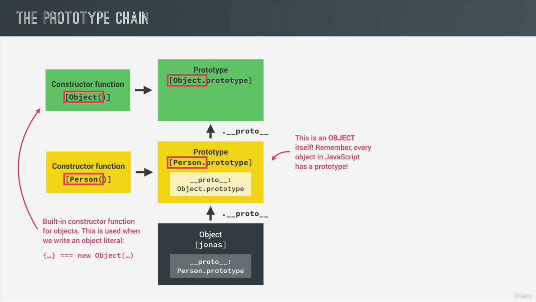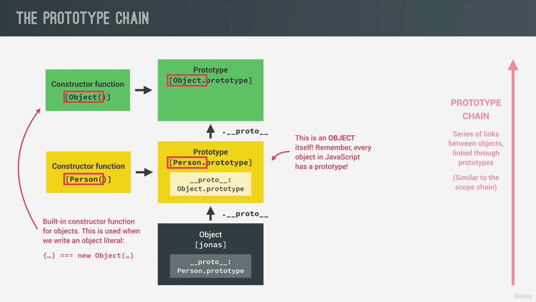All right? Now, this entire series of links between the objects is what is called the prototype chain. And Object.prototype is usually the top of the prototype chain, which means that its prototype is null. So its __proto__ property will simply point to null, which then marks the end of the prototype chain.